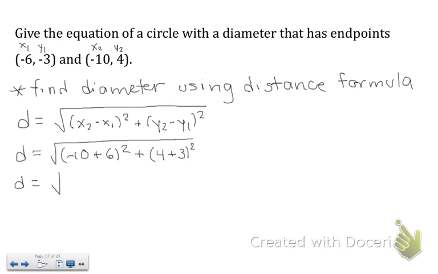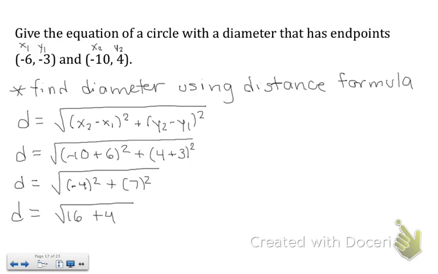This gives us the square root of (-4) squared plus 7 squared, which gives us 16 plus 49. So we find that the diameter, the distance we just found, is the square root of 65.